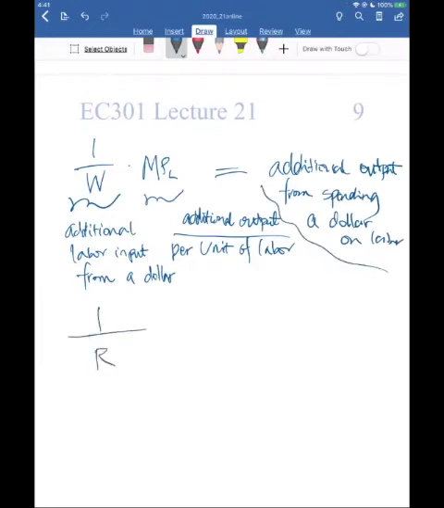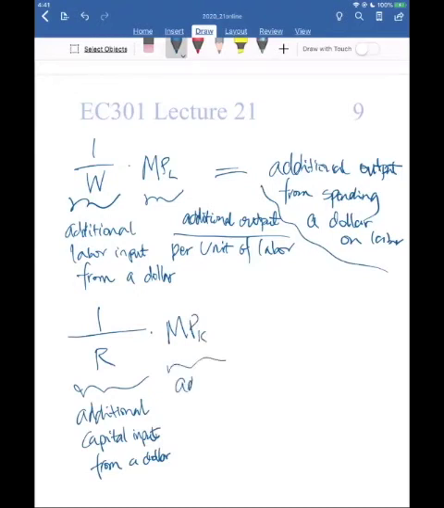Now, on the other hand, 1 over R is the additional capital input from $1. And using that capital input, we can generate additional output per unit of capital input.